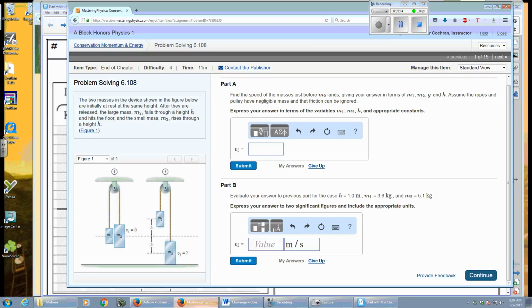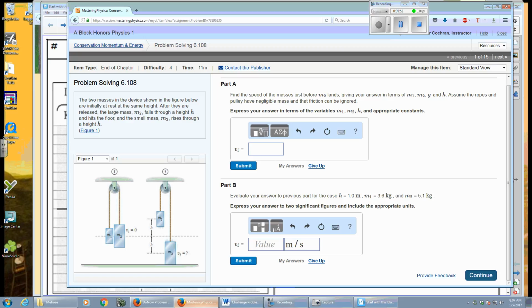So I'm going to say that when it's at the bottom, when M2 is just before it hits, when it's moved through, it's gone down, that's where I'm going to set my 0 point for my gravitational potential energy. All right? Remember, I can set it anywhere, and that's just a convenient point. Could I have set it at the dotted line? Yeah, but then I'd have to deal with negative and positive, right? Since where it lands down here, or just before it lands, is my lowest point, if I set that as 0, then I don't have to worry about negatives and positives. Okay?